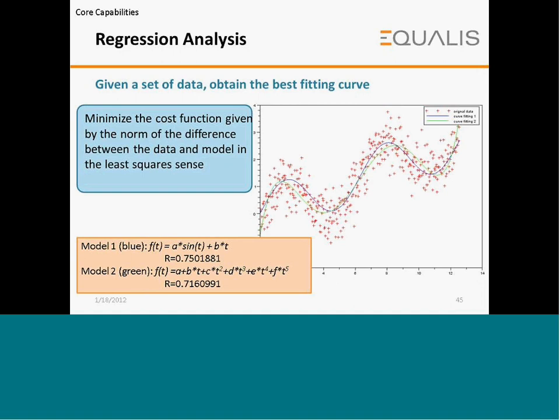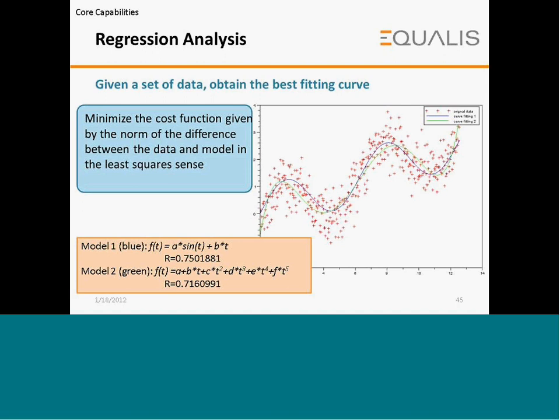In case of regression analysis, we can obtain the best fitting curve given a set of data using Scilab. The goal here is to minimize the cost function given by the norm of the difference between the data and model in the least square sense. For the data given, we have fitted 2 different models.